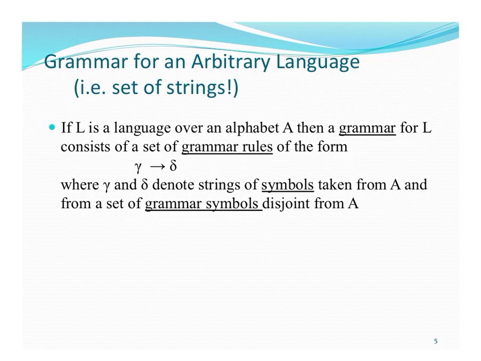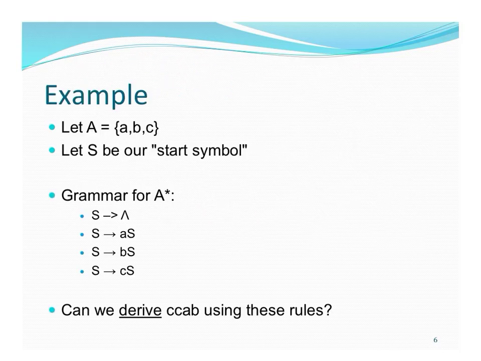So in this case, we've got gamma arrowing delta, and we say gamma and delta are strings of symbols, and these symbols are in my alphabet A and also from my grammar symbols, which are disjoint from A. So this is the formal definition of a grammar. Let me show you what I mean. I think when you see this example, it'll make sense to you.